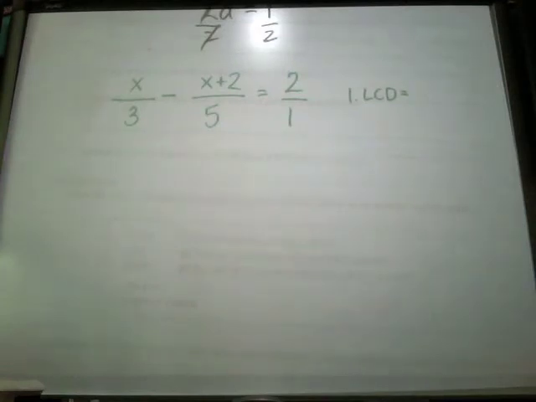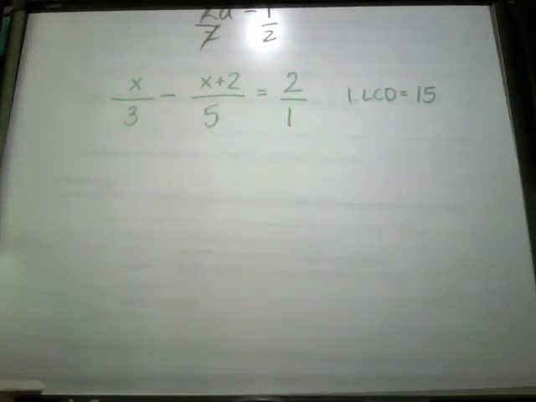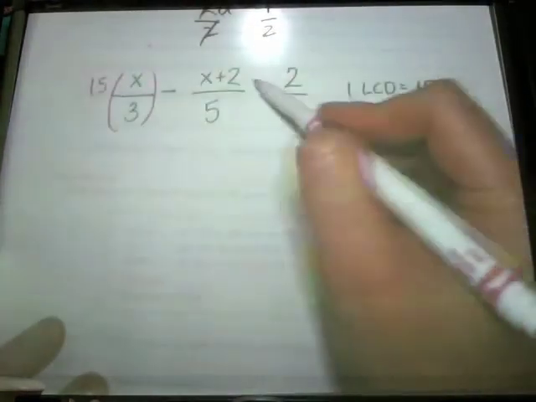If I have denominators of 3 and 5 and 1, my LCD, Daniel? 15. Good, 15. So now, again, I'm going to take each piece and multiply it by 15.